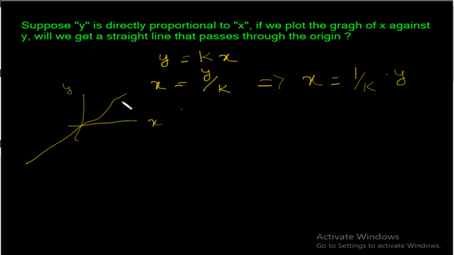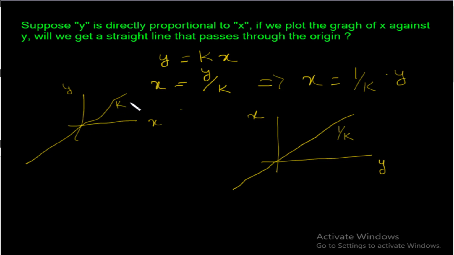Similarly, when we plot x = (1/k)y with x on the vertical axis and y on the horizontal axis, we also get a straight line passing through the origin, and this time its slope will be 1/k. For y = kx, its slope is k.